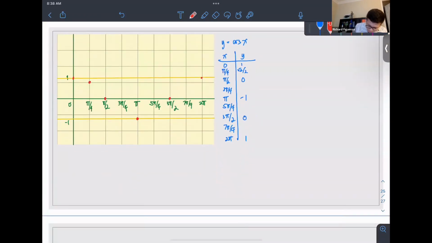But then, okay, so pi all over 4, that's square root of 2 over 2. And then it's negative for 3 pi all over 4. And then it's negative as well. Okay, so for 5 pi all over 4, and so on. Okay, so that's how the cosine function looks like.